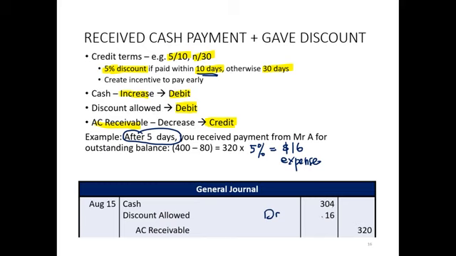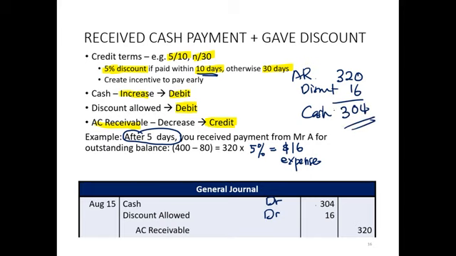How much cash are you going to receive? The AR balance is 320. You give a discount of 16, so you're going to receive cash of only 304. This is the cash receipt.